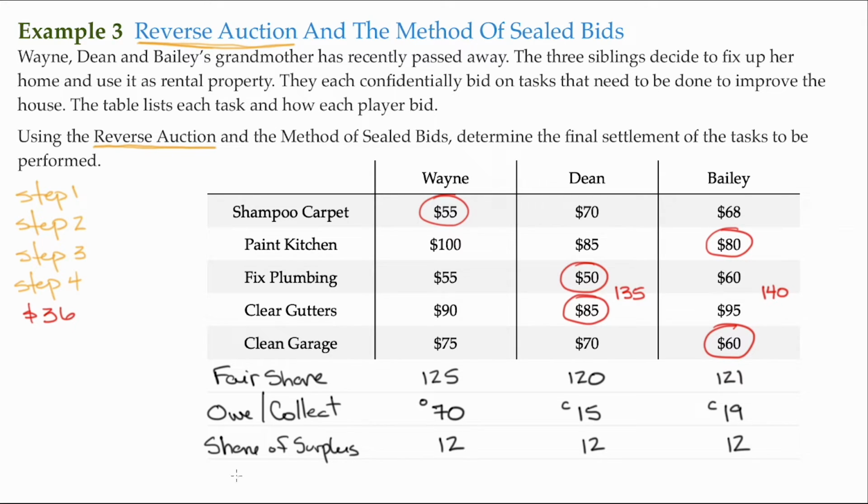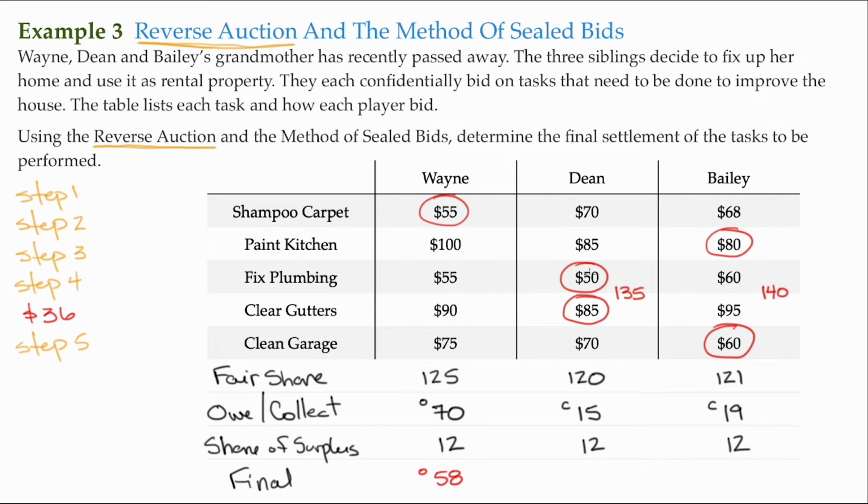So then the final settlement, and that's step 5, the final step. Wayne is going to shampoo the carpeting, but he owes 70, but then collects 12 back from the surplus. So he's actually going to owe $58. Just subtract the 12 from the 70.